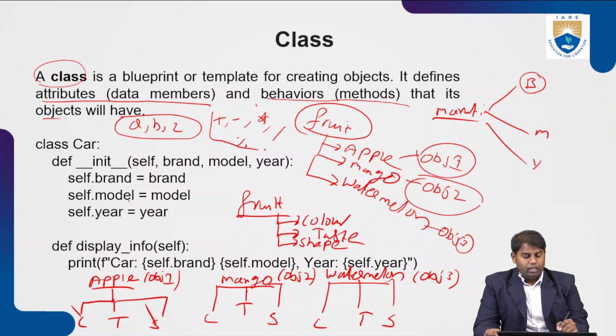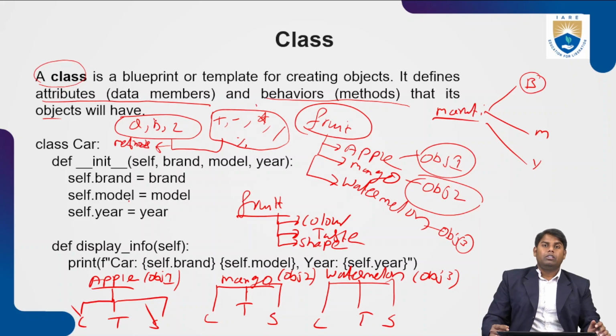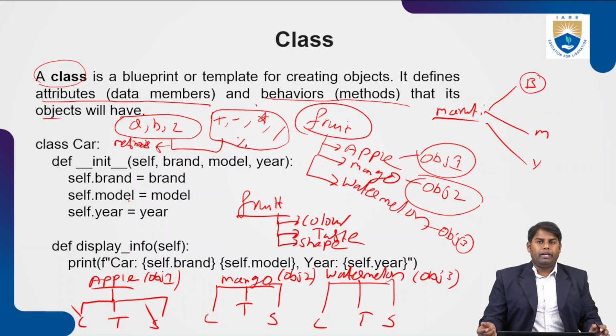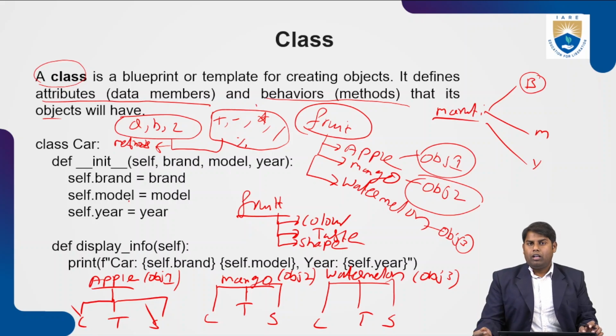In the class you have both operands and operators, and when you combine these two you get methods. This is an example. Apart from this, you may have printing statements or display or other operations. So basically you will have a set of variables or attributes and its operations.